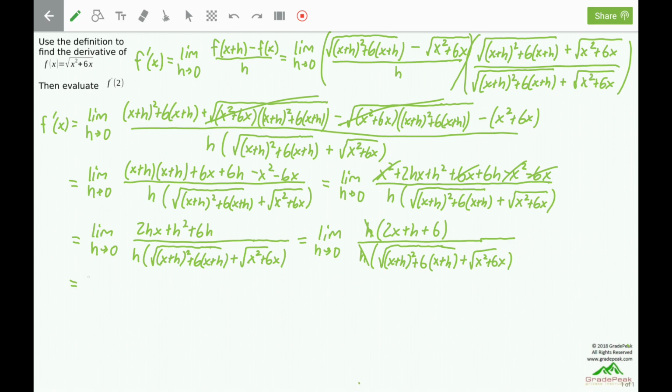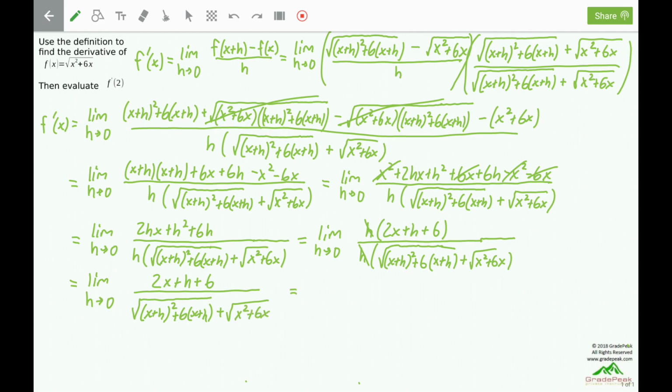I will just take one more step to write what we have, which is 2x plus h plus 6 all over the square root of x plus h squared plus 6 times x plus h plus the square root of x squared plus 6x.